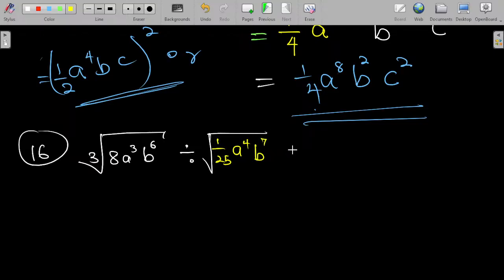Then here we have multiplied by another square root, but in this case there's a bracket of 16, square root of a to the power of 4, and then b to the power of 6, and everything raised to the power of half. Okay, permit me, I think this power 7 here may not be in order. Let's take it to 8 so that it will be something divisible by 2.